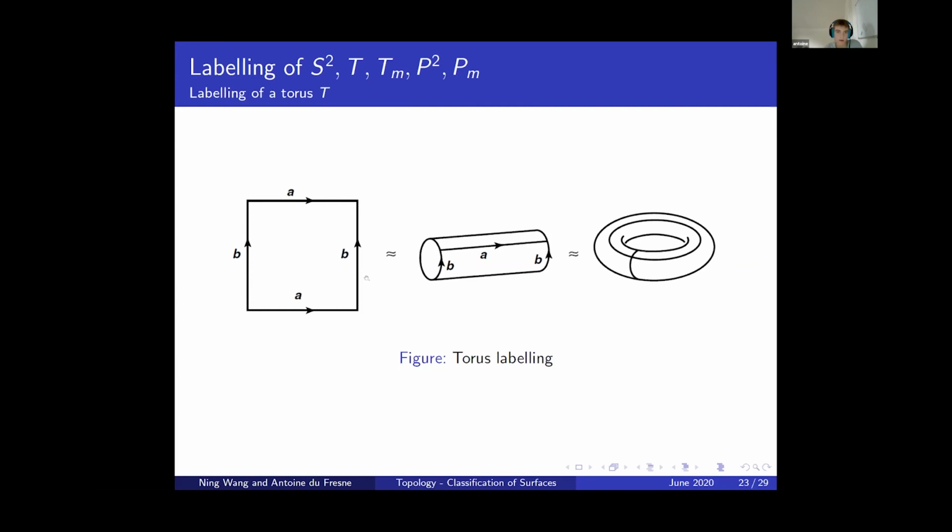So again, if I take a little walk from the side A and I go up, I begin here and I do this little round. So this is the same as a cylinder.